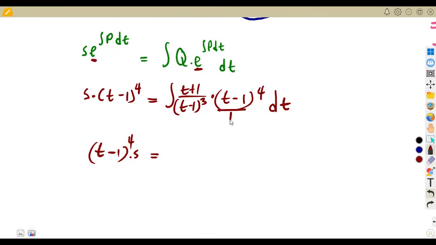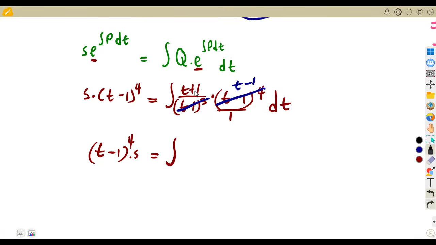As you can see, this is the same as over 1. These brackets are the same, so you can simplify. There are 3 of them in the numerator, and if we divide into the 4 of them, we are going to remain with (t minus 1). So we are going to obtain the integral of (t plus 1)(t minus 1).